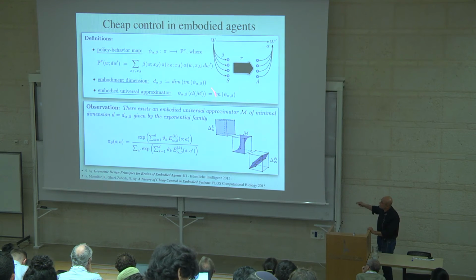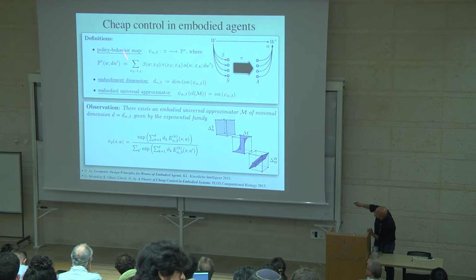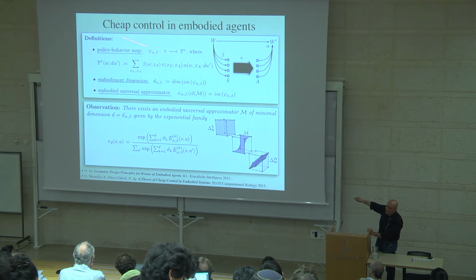So this is what I just said in formal terms. We have the policy behavior map, which assigns to each policy a transition from W to W prime. That's the transition from W to W prime, and this is the formula for it in terms of the mechanisms.